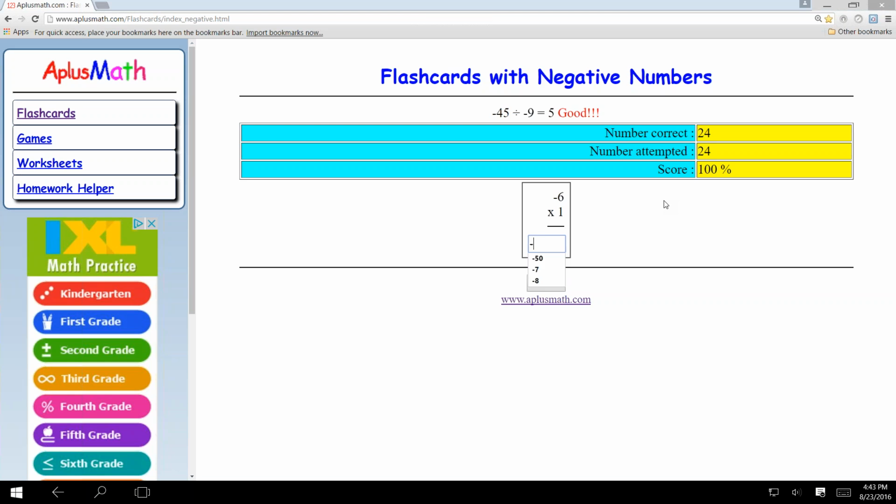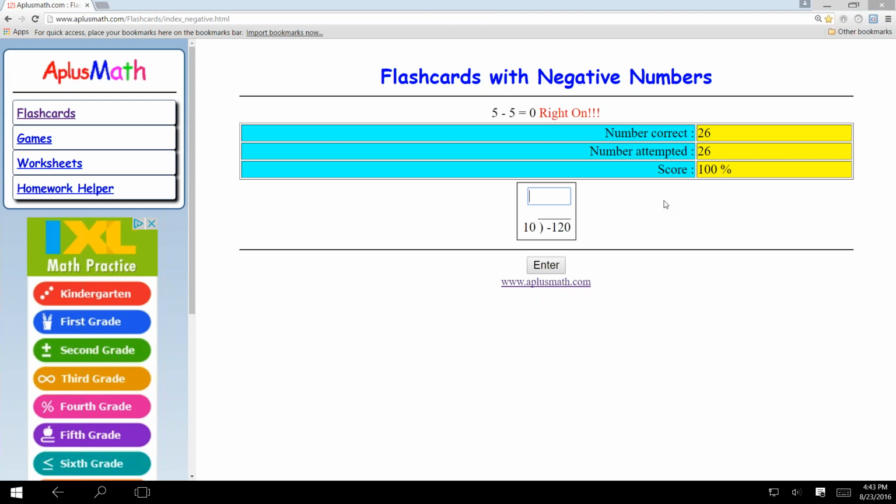-6. 0. There you go. There's your 0, right? -12. No. Yeah, -11, sorry. What's any number multiplied by 10?